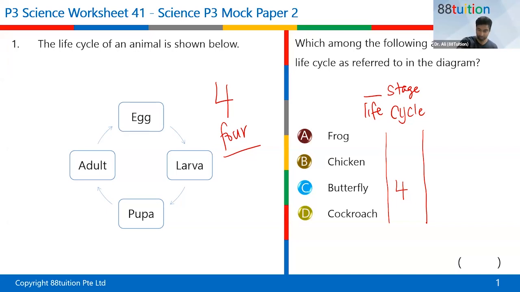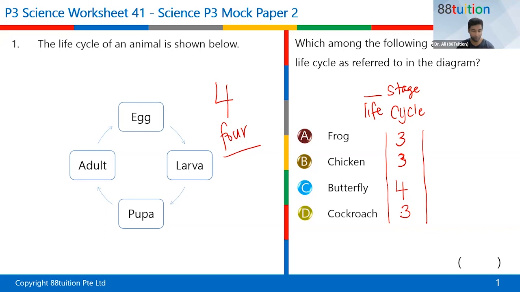Butterfly is the answer, correct? 3. Okay. Frog is 3, is it? Okay. Chicken? 3 also or 2? Cockroach? Still 3. Yes. Obviously cannot be 4.